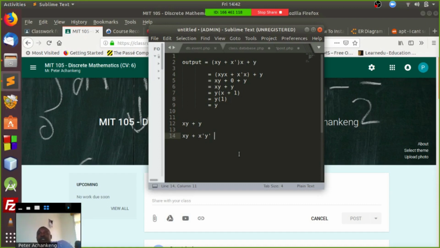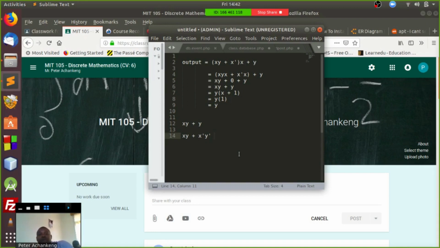The reason why it is in disjunctive normal form is because each and every variable, or at least a complement of that variable, is found in each of the terms. Do you know what a term is? One term is separated from the other term with the plus sign.